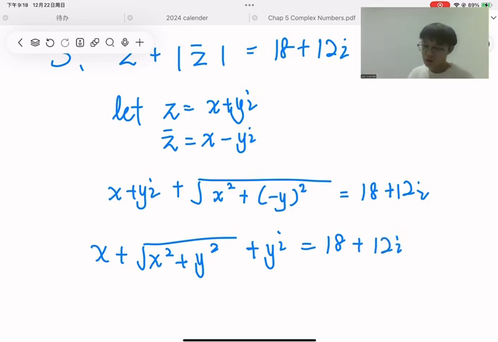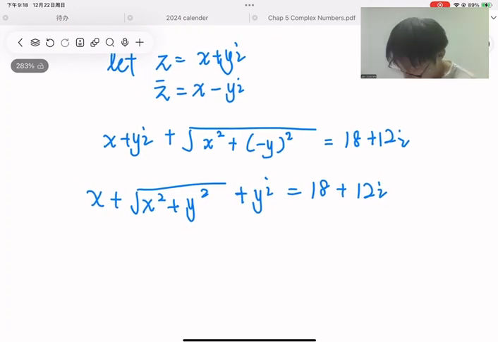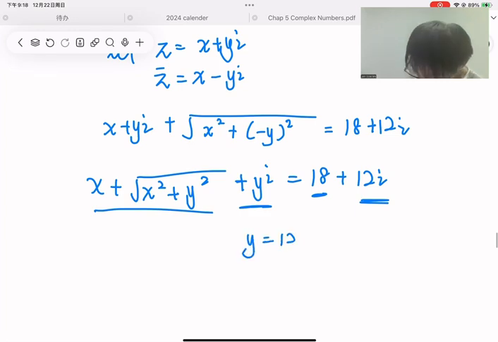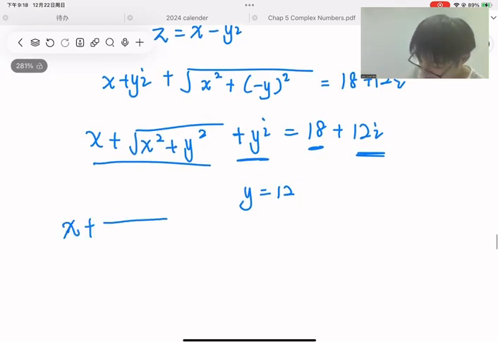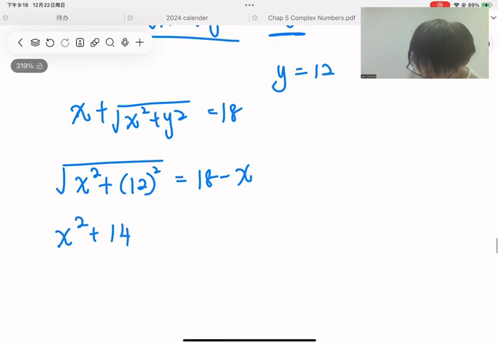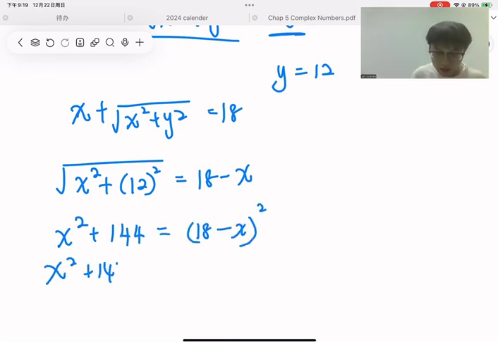So we need to compare the real part and the imaginary part. From the imaginary part, we know that y equals 12, and x plus the square root of x squared plus y squared equals 18. So the square root of x squared plus 12 squared equals 18 minus x. Squaring, x squared plus 144 is equal to (18 minus x) squared, which is 324 minus 36x plus x squared.